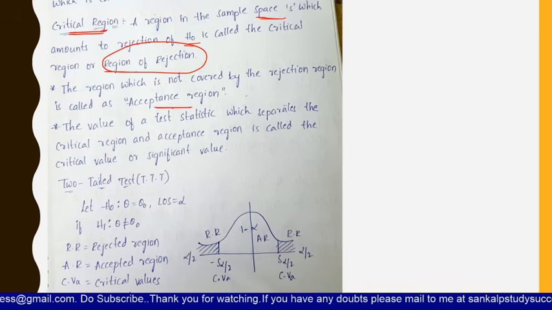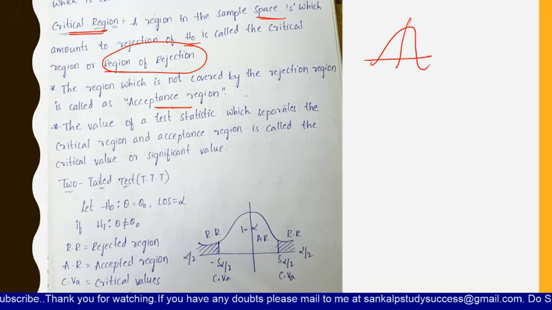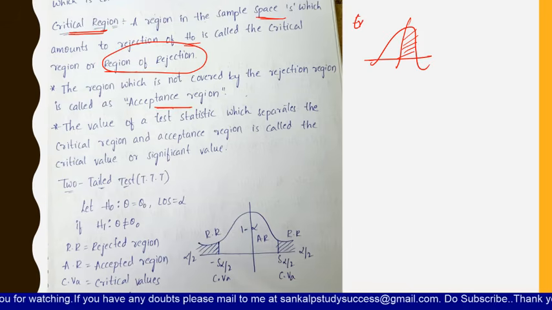Now, exactly opposite to the region of rejection is the acceptance region. That means the region which is not covered by the rejection region is the acceptance region, right? So, for example, there is a curve where this is the region of rejection, that means critical region. Let us suppose, just for an example, this is the region of rejection, then the remaining region which is not covered by the region of rejection is known as acceptance region.